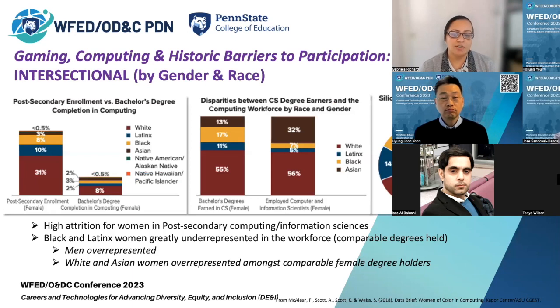There was also a report released a couple of years ago that looked across gender and race, and they found that the situation was much worse for women of color, particularly Black and Latinx women, who were greatly underrepresented in the workforce. And that was in relationship to holding comparable degrees.